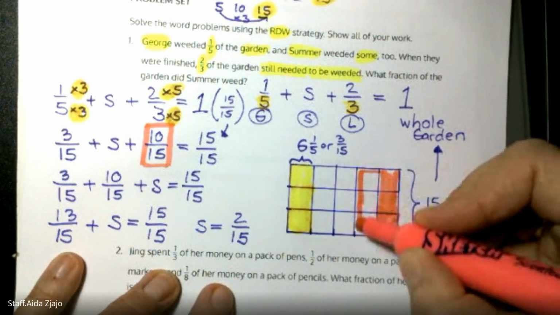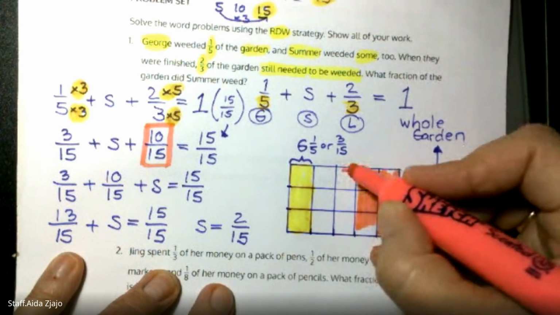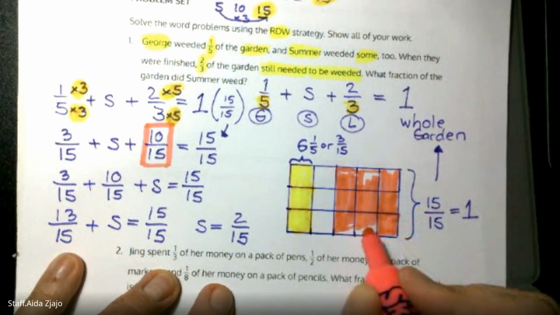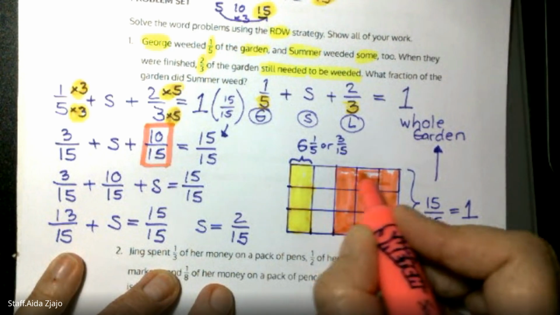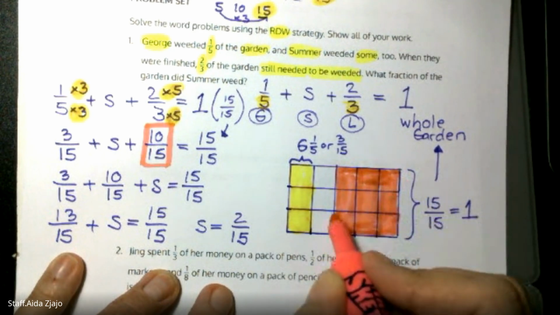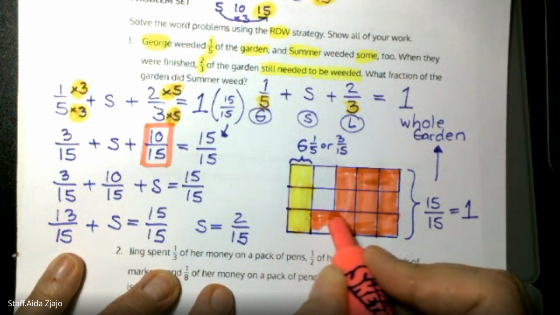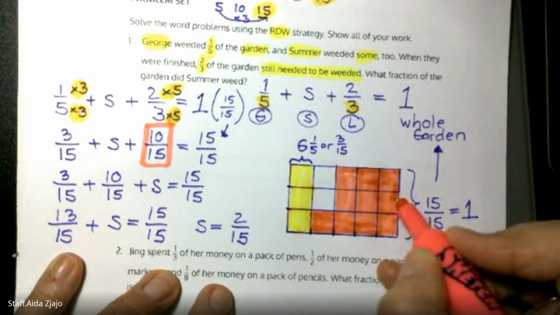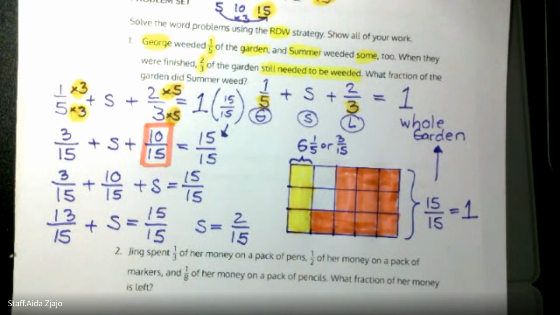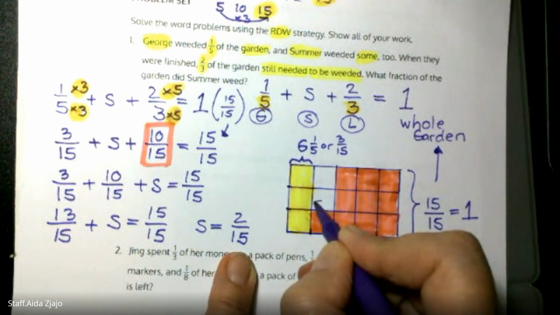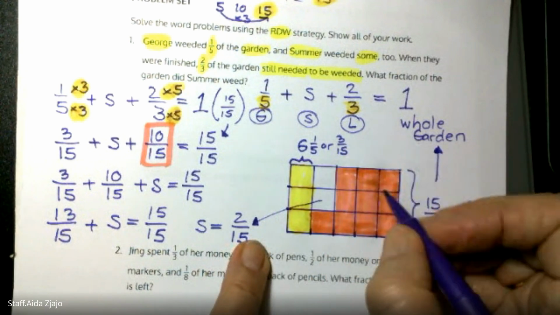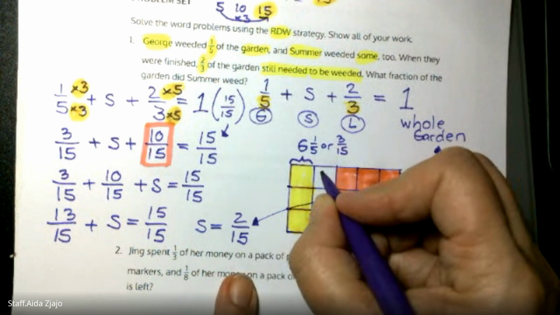Okay, 6, 9, okay, this is left, and then it turns out that this part here is Summer. She did 2/15. 2/15.